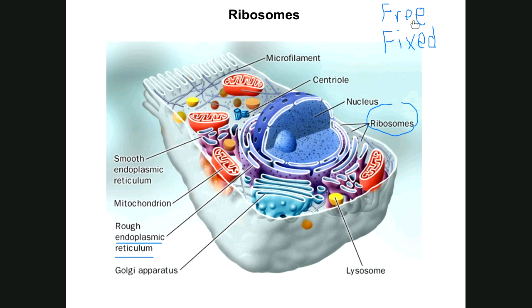So any free ribosome just floating out in the cytosol that synthesizes a protein, that protein will do its work somewhere here in the cytoplasm. But there are proteins that do their work in one of three areas where the conditions are much harsher. Sometimes proteins will do their work in the extracellular environment, where they're released outside, such as insulin.